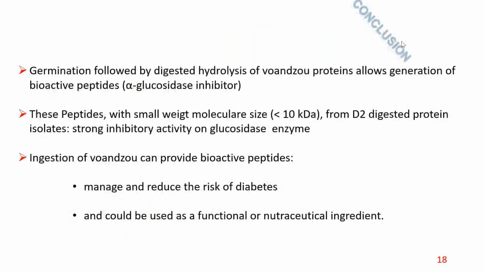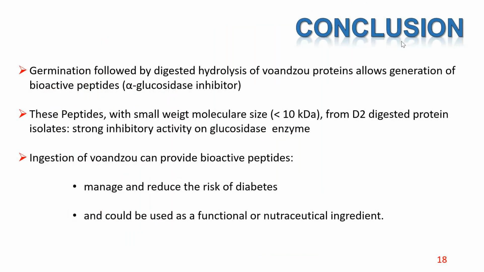To conclude, we can say that germination followed by digestive hydrolysis of Wanzhou proteins allows generation of bioactive peptides on alpha glucosidase only. These peptides, with small molecular weight under 10 kilodalton in size, from 2 days germination digested protein isolate show strong inhibitory activity on glucosidase enzymes.